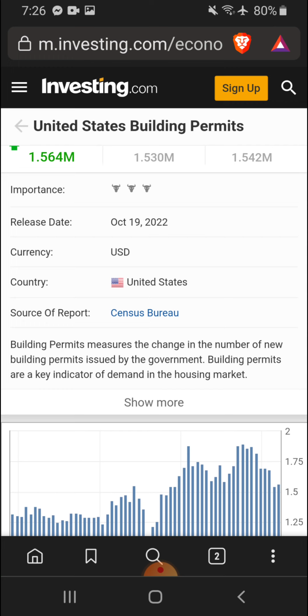So these are for, I'm not 100% sure of the exact process, but basically I think this is before the construction starts. You need to get permitted.